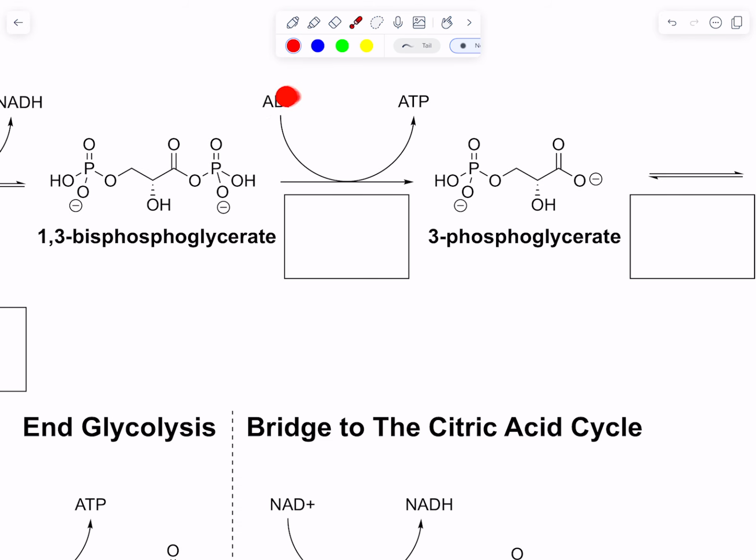Now there you're converting ADP into ATP. You're going from an acyl phosphate to ATP, but in the backwards direction that would still be transfer of a gamma phosphate group from ATP to the carboxylate. So this is a kinase as well.